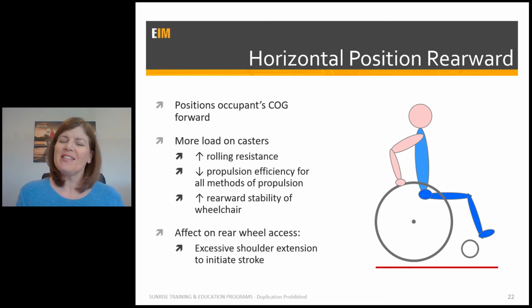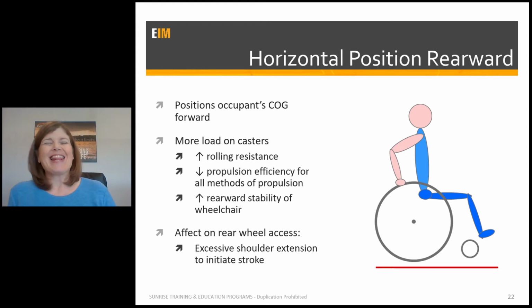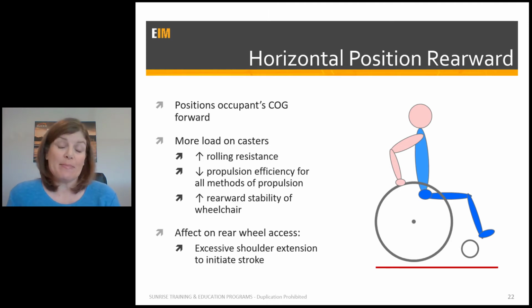We might have some anti-tippers, but what's touching the ground for our base of support is the casters and the rear wheels. And whenever my center of gravity goes beyond my base of support in any direction, that's when I introduce some tippiness, some instability to the wheelchair.